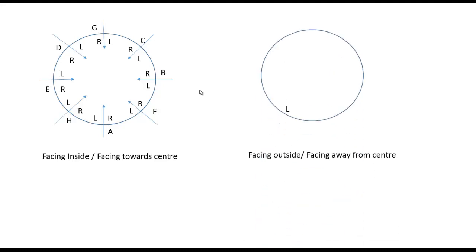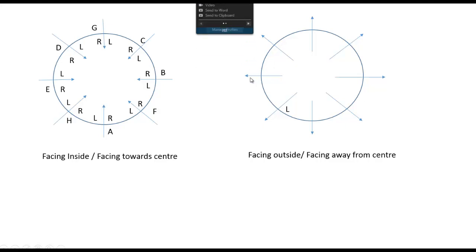Then first draw a circle, then specify the 8 positions with the help of arrows which are facing outside or away from the center. Here are the 8 arrows that are showing the positions of 8 persons.